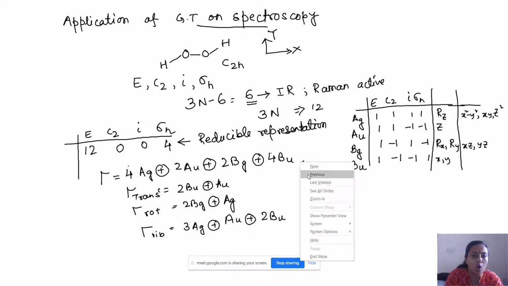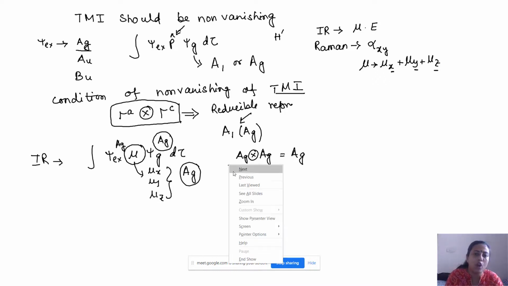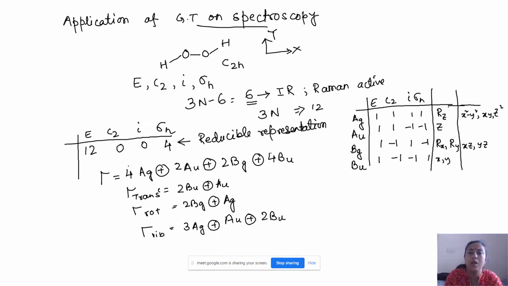Now I have to look whether any component of mu, that is mu x, mu y or mu z, is transforming as Ag. If yes, then it would be a non-vanishing transition moment integral, and this particular normal mode of vibration of the Ag symmetry would be IR active. Look back into the character table. We know in the Ag there is no x or y or z component.